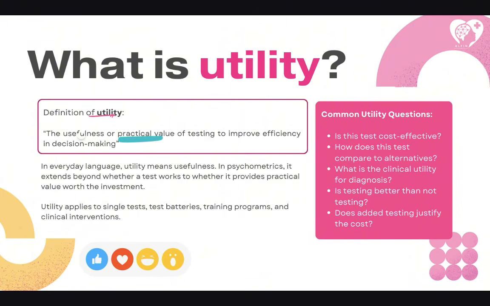This is key when we're talking about utility, because a test can have the best psychometric soundness possible, meaning high reliability and high validity, but then it is not worth the time, it is not worth the money, and it is also a hassle to use. And when that happens, if it has very high psychometric soundness but it's not very beneficial, then that's not really useful. Those are the things that we will talk about when we're discussing utility.